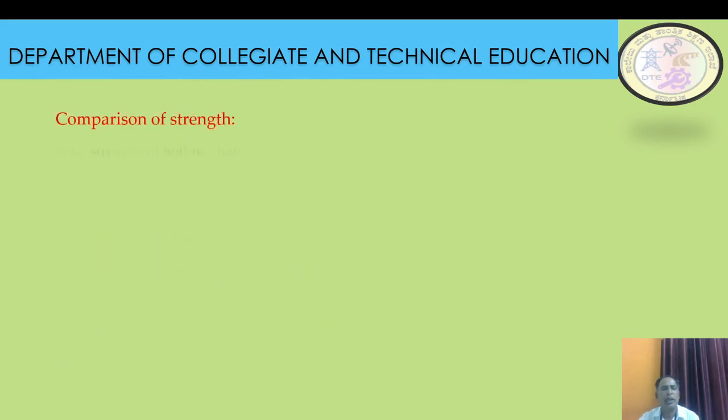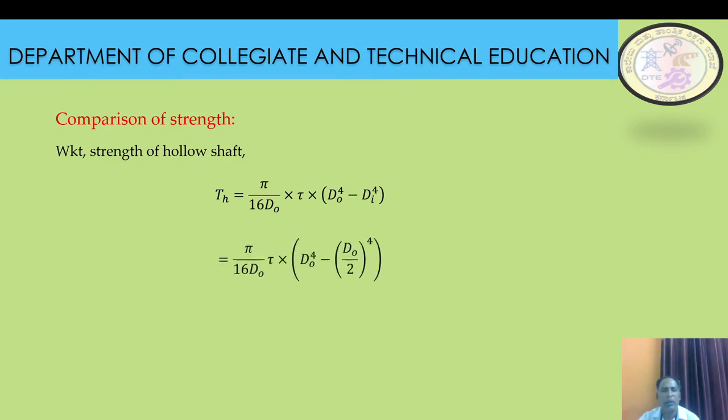Then comparison of strength. Comparison of strength means comparison of torque transmitted by both the shafts. As you know, the strength of the hollow shaft TH is pi by 16 into tau into (dO raised to 4 minus di raised to 4) divided by dO, and that is equal to pi by 16 into tau into (dO raised to 4 minus (dO by 2) raised to 4) divided by dO, as the internal diameter of the hollow shaft is half of the external diameter.